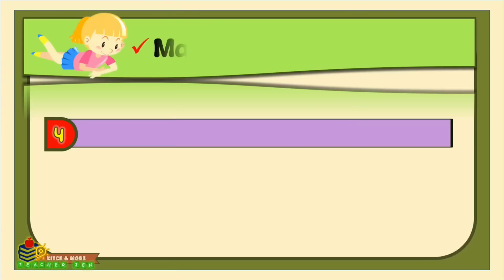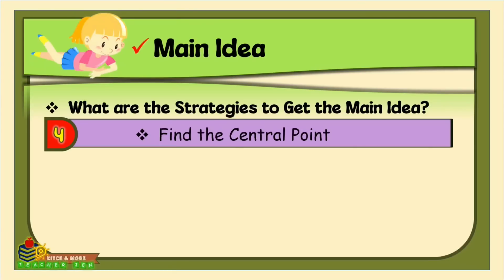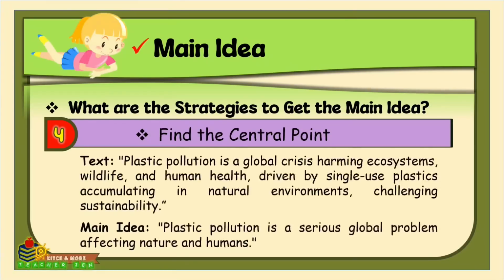The next strategy is to find the central point. The central point is what the passage is mainly all about in one sentence. So for example, here the text is, plastic pollution is a global crisis harming ecosystems, wildlife, and human health, driven by single-use plastics accumulating in natural environments, challenging sustainability.